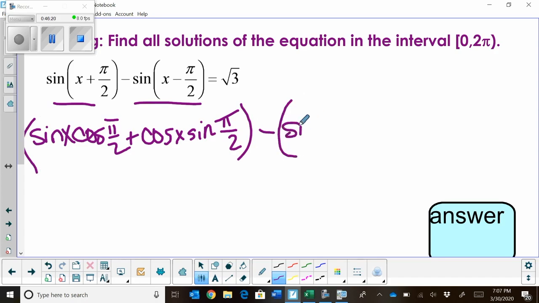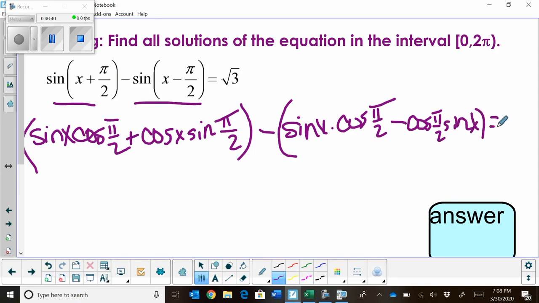Well, this one's sine x cosine pi halves. Same sign, so minus cosine pi halves sine x. Oh, that's a lot of stuff. And then it's all equal to the square root of 3.